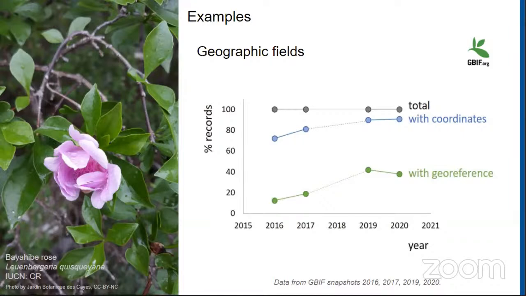So I'm not going to go into the details of georeferencing, but those are the 3 elements that we will need to actually have a georeference. And if we look at the records in GBIF over the years, we see that many have coordinates, as we were seeing before, but the ones that are georeferenced are much less.